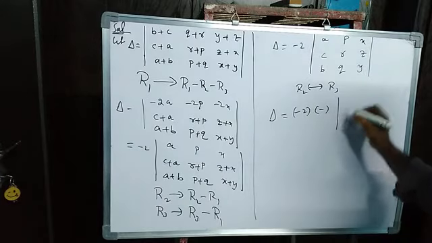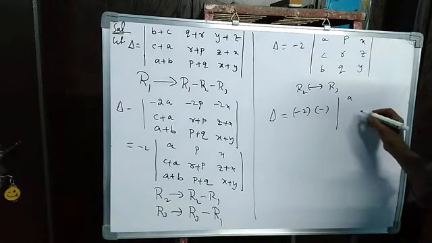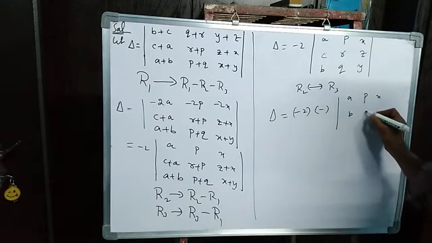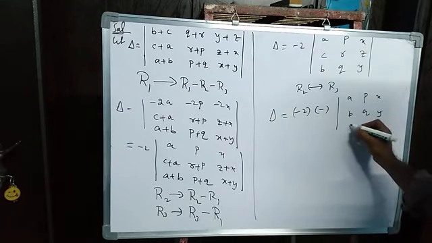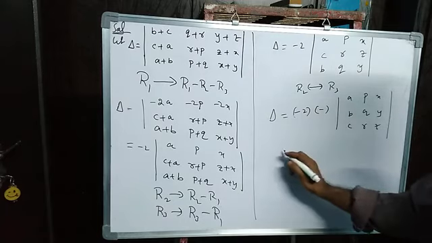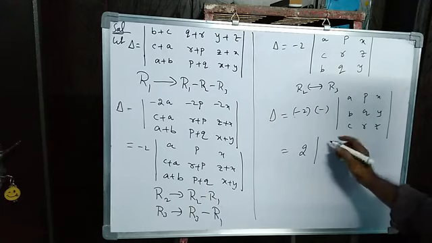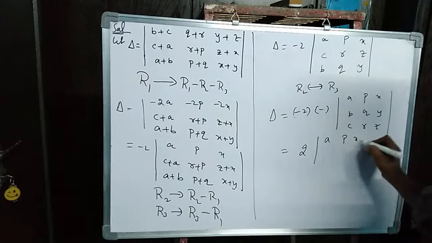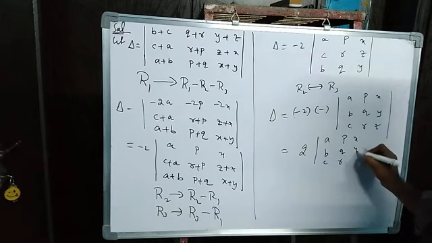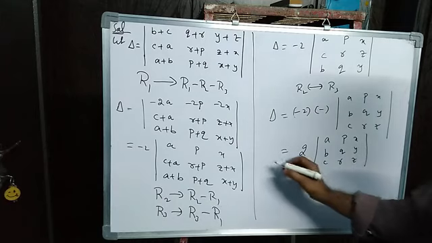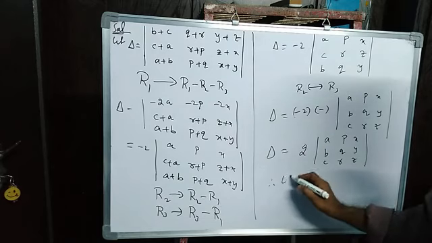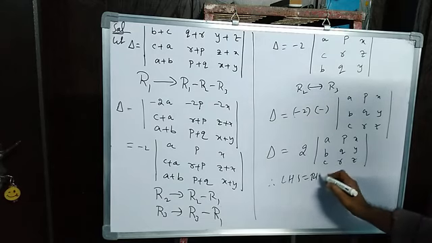Determinant of A, P, X; next B, Q, Y; next C, R, Z. Minus 2 into minus, so 2 into A, B, C; P, Q, R; X, Y, Z. It is delta, so that is only the RHS. Therefore, LHS is equal to RHS.